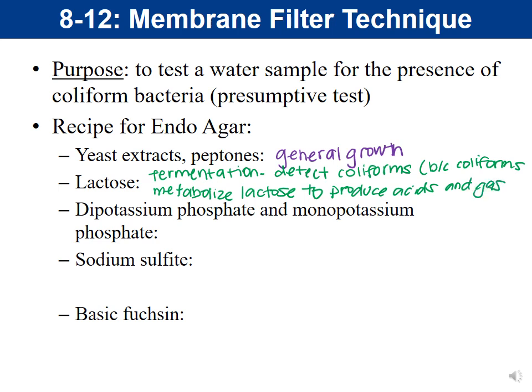So lactose is there because it's going to allow us to distinguish between coliforms and non-coliforms.